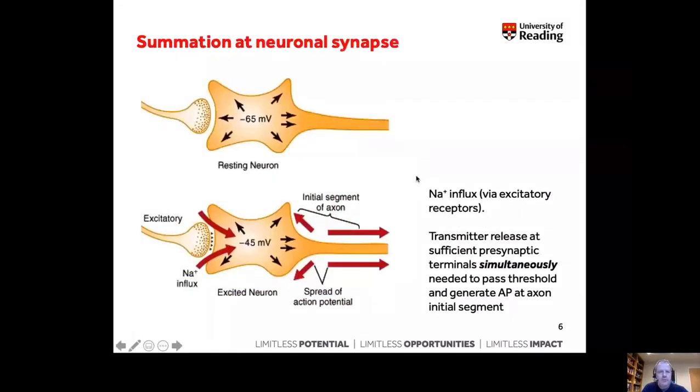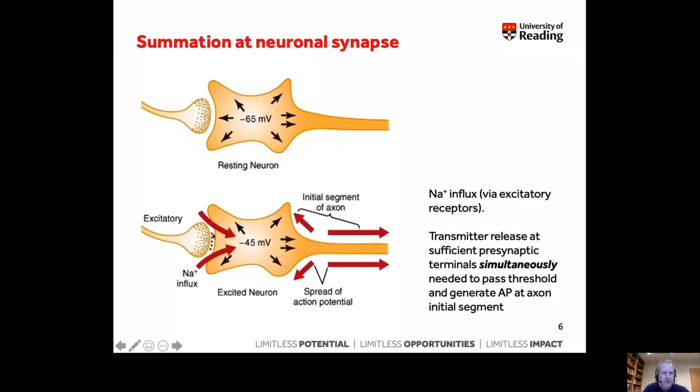If we talk about summation, this idea that I gave you back on maybe the first slide, what we're looking at with summation is the amount of excitatory versus inhibitory inputs. On this slide, we'll just consider excitation. When we look at inhibitory neurotransmitters, we'll consider summation in a little more detail.